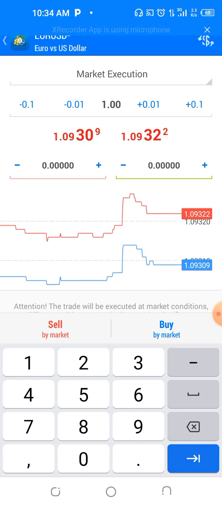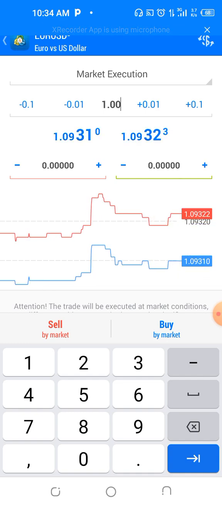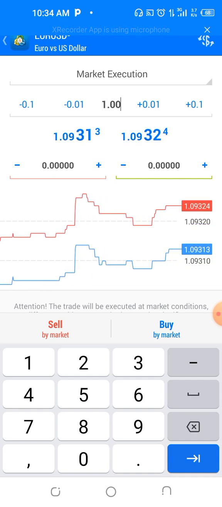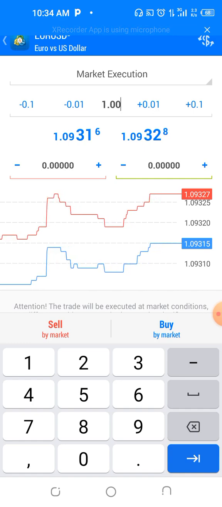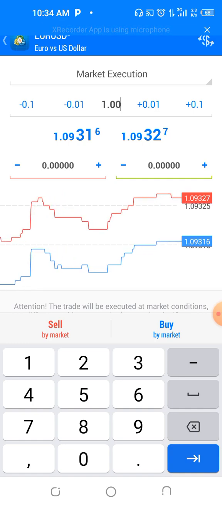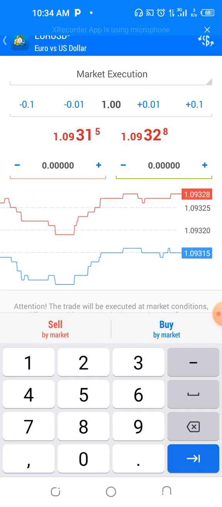You can have more than 1.0, but here 1.0 is a standard lot, 0.1 is a mini lot, and 0.01 is a micro lot size. Okay, so that is it about lot size.